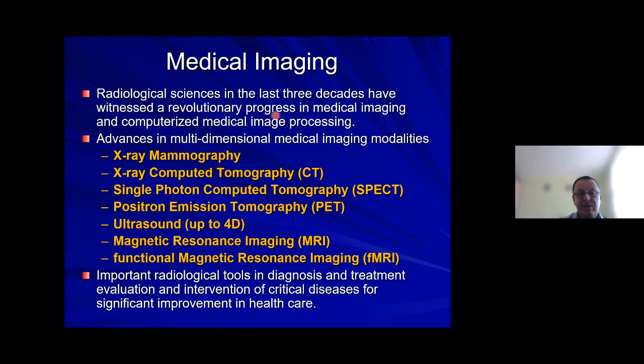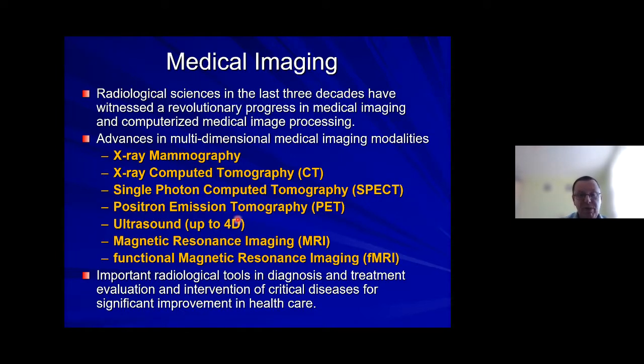Radiological science in the last 4 decades has witnessed revolutionary progress in medical imaging and computerized medical image processing. Major advances in multidimensional medical image processing involve various applications of X-ray imaging, not only conventional X-ray but various types of computed tomography, mammography, and other similar systems.